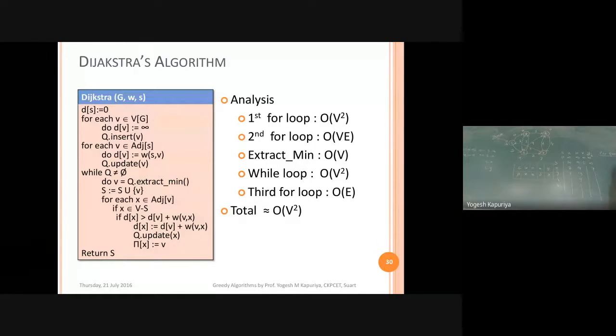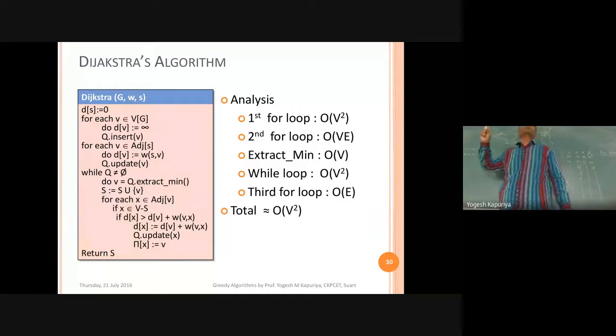Why is it not required? Because we are inserting S also inside the queue with key value as 0. When you are going for this implementation, you are not inserting S inside the queue. That means all the adjacent vertices of S are to be relaxed outside the while loop. Right? That is what we are doing over here.